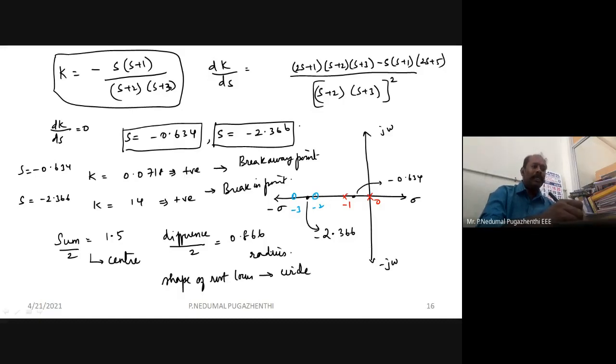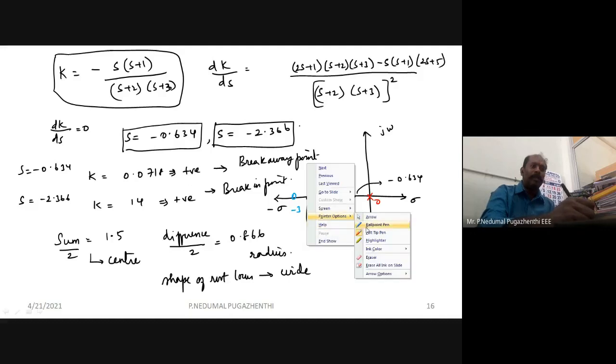The radius of the circle is 0.866 and the center of the circle is minus 1.5. So choose minus 1.5 as the center, and take the radius on both sides in all directions. Take a compass, fix your pencil, and measure 0.866 from minus 1.5. Your root locus will be like this, I will take the highlighter and draw.